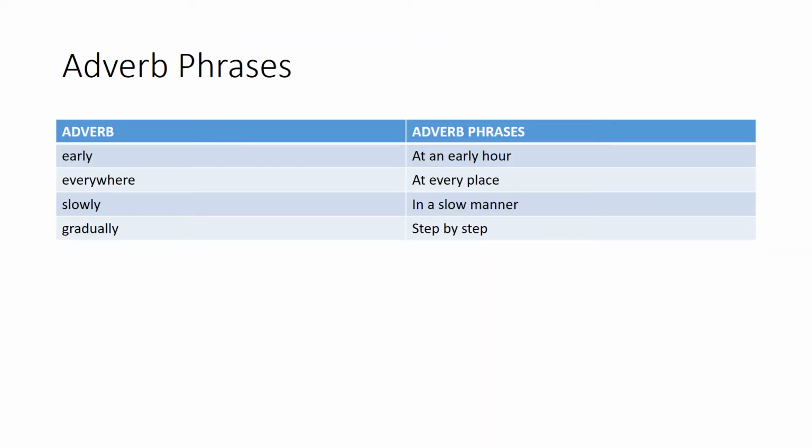In this exercise, we will learn how to change an adverb to an adverb phrase. Column A, we have examples of adverbs. Column B, we have examples of adverb phrases.